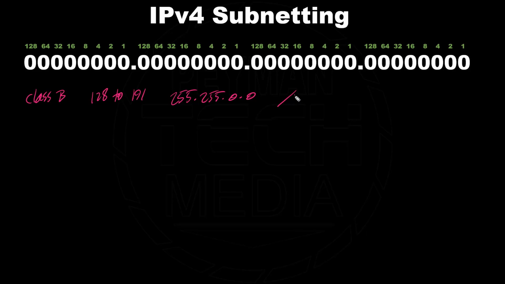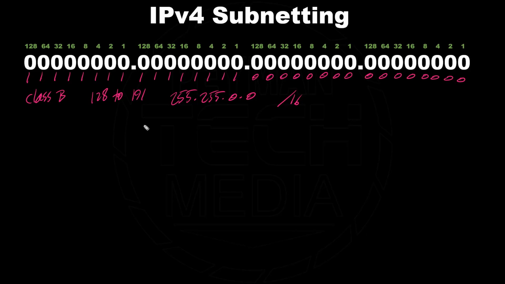The prefix format would be 16, which gives us 16 bits for the network and 16 bits for the host. So the first octet and the second octet have all the bits turned on. Let's turn on 16 bits for the network bits. This is the default subnet mask for class B, and we have 16 bits for the host bits.